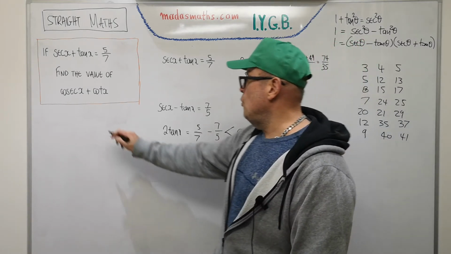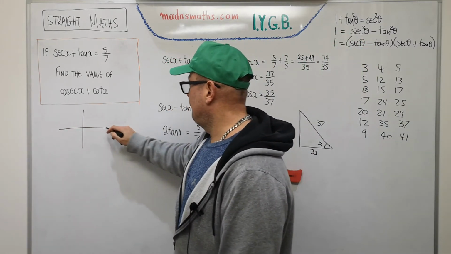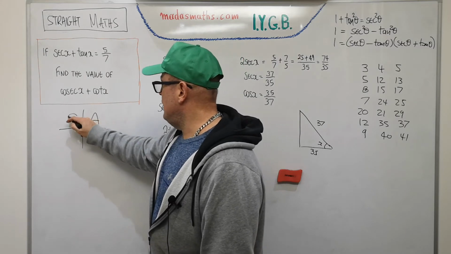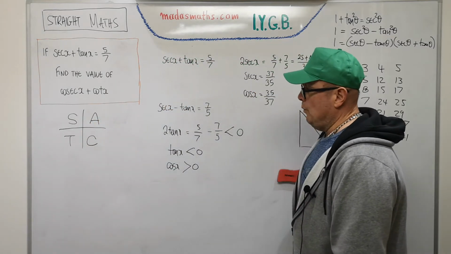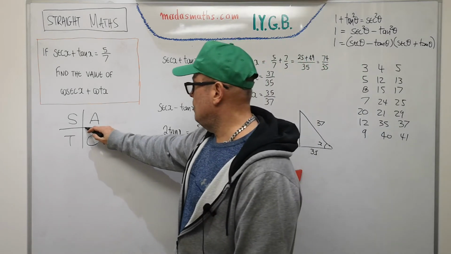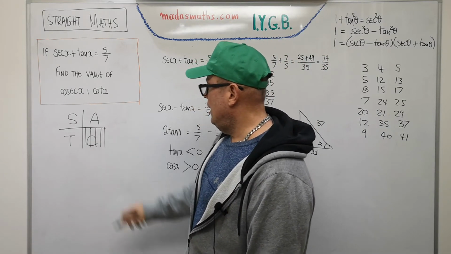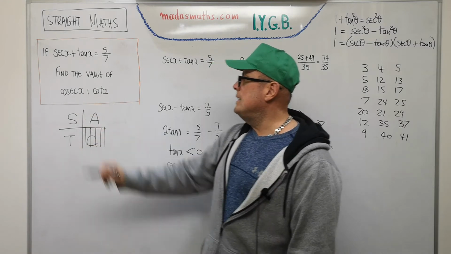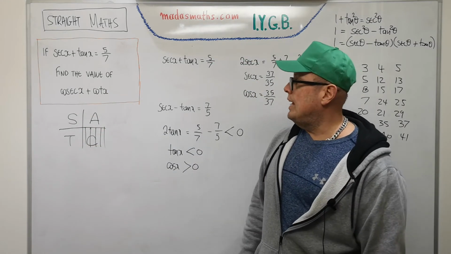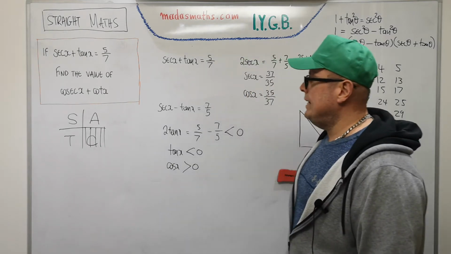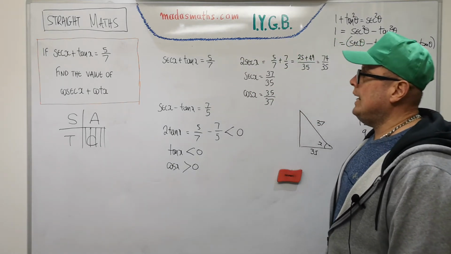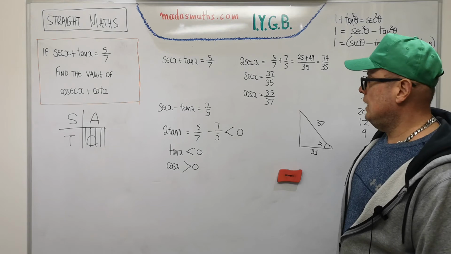It means in the quadrant diagram, all silly tom cats, we are on the bottom left here. So when we're dealing with our numbers, the cosec of x down there will be negative, and of course the cot of x will also be negative. We have to be very careful with our workings for this particular question.